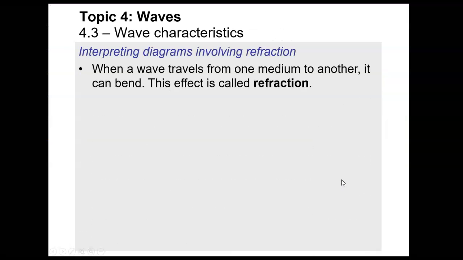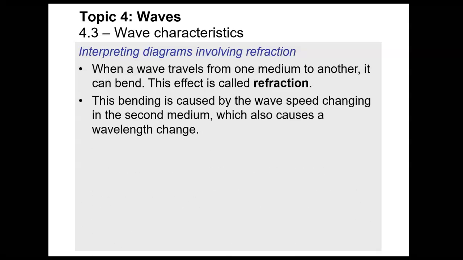Okay, so imagine you have a situation where a wave is traveling from one medium to another. Now what can happen in that situation is the wave can bend. And this is what is known as refraction. So why does the wave bend when it goes from one medium to another?